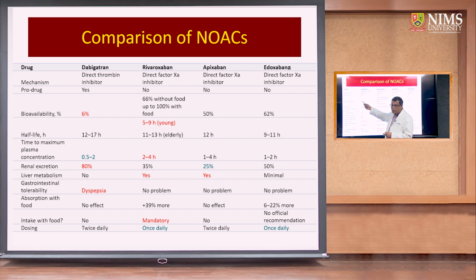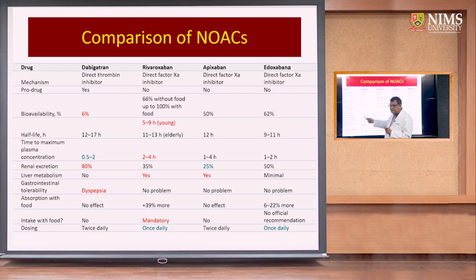So, that is important to know, that there could be a wide variation in response of dabigatran because of this poor bioavailability. Half life is practically the same for all, around 12 hours. The other thing is that dabigatran is excreted by renal route.